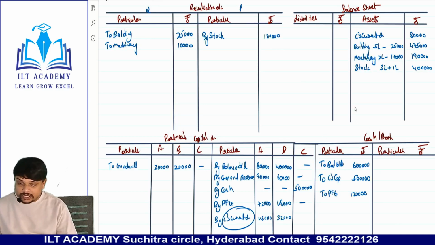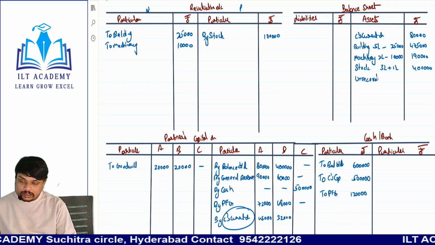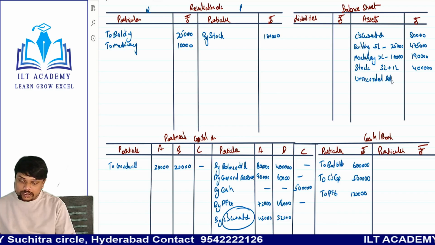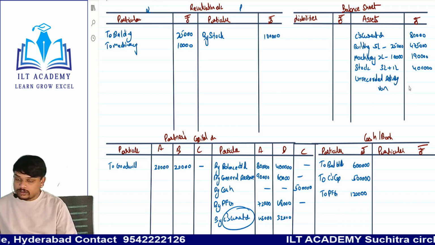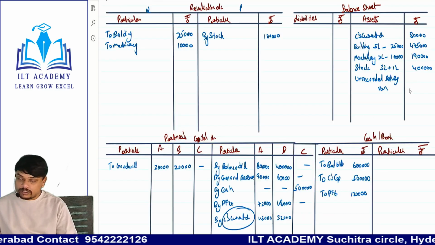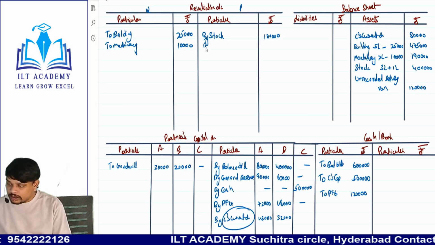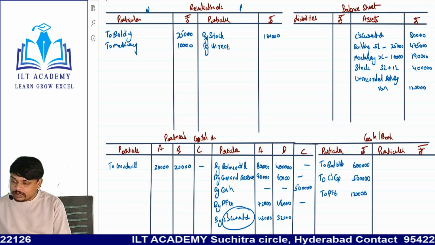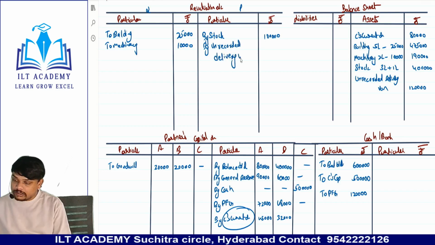There was an unrecorded asset. Unrecorded delivery 1,20,000.